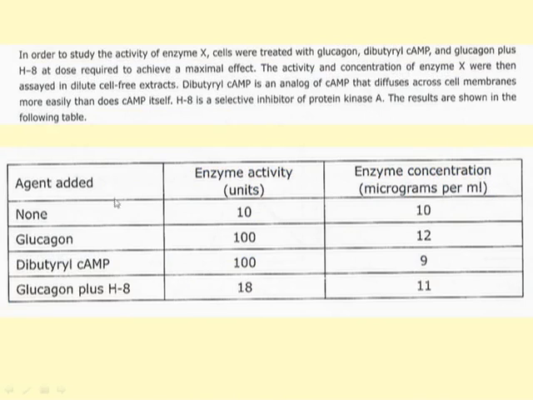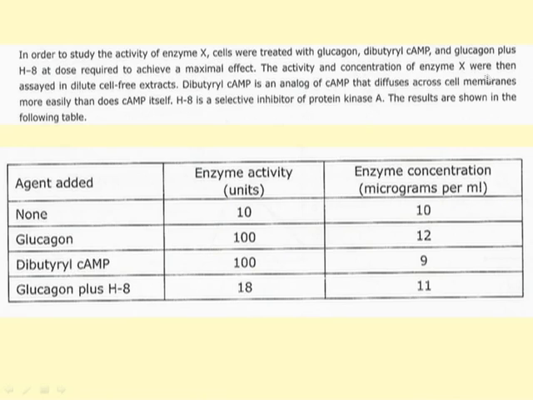This is another question based on enzyme activity. Here, the question states, in order to study the enzyme activity of the enzyme X, cells were treated with glucagon, dibutyryl cyclic AMP, and glucagon plus H8 at a dose required to achieve maximal effect.